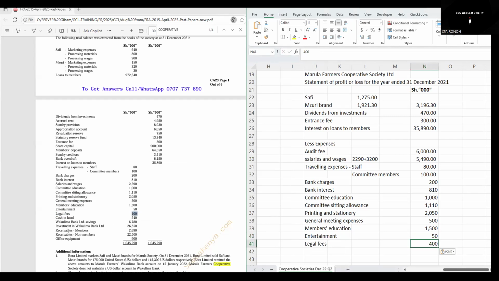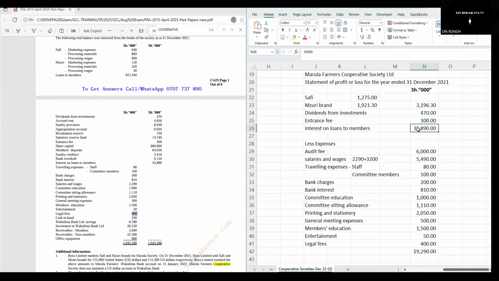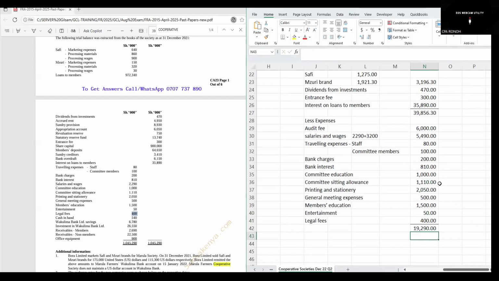Cash in hand, now we have done with the expenses. So total these expenses. If you total these expenses, we get 19 to 10, then we total the revenue or the income so that we can get our surplus, which is this minus this.